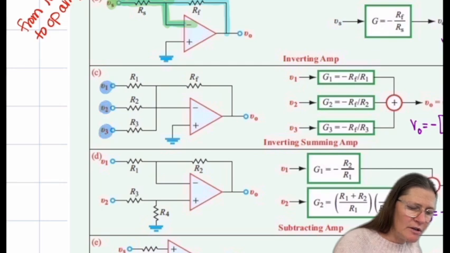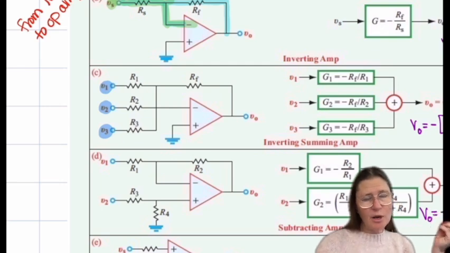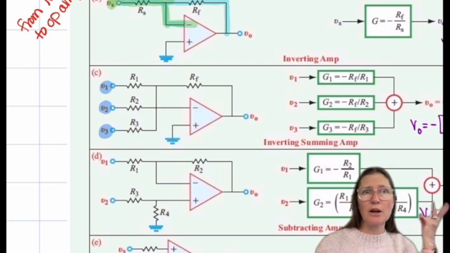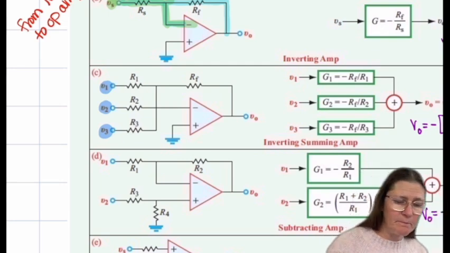I have 1, 2, 3 inputs. So with more than 1 input, I have 3 options: inverting summer, non-inverting summer, and subtraction or difference amplifier. So again, each time, however many inputs there are is going to determine how I narrow it down. Do I have feedback or not?